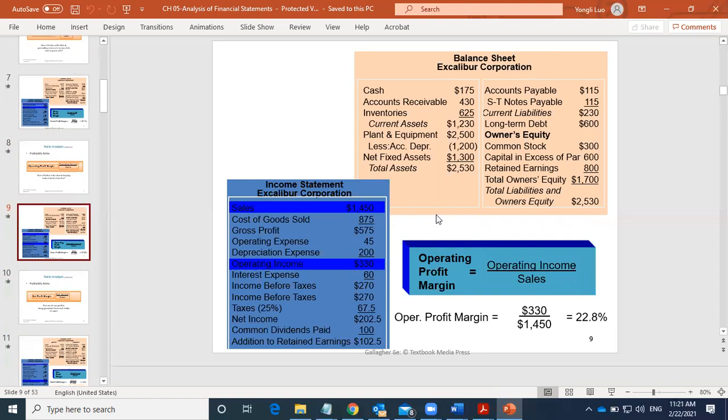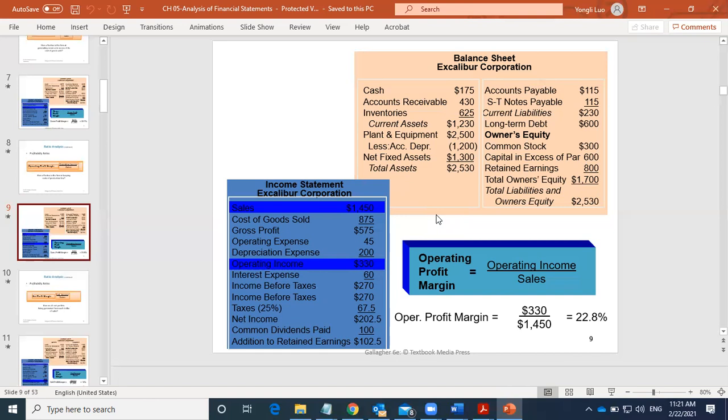This is your operating income from the income statement. The revenue or total sales is also from your income statement. So both the numerator and the denominator are coming from your income statement. Operating income also has another name. Do you remember what the other name for operating income is? Yes, EBIT.